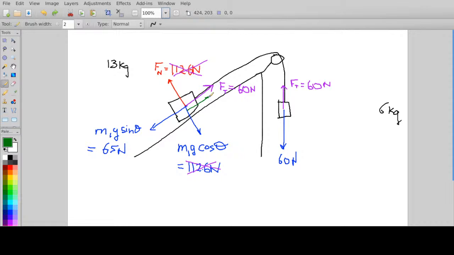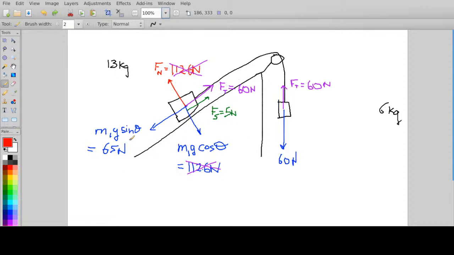Where's that 5 newtons uphill going to come from? That's the static friction. So over here you have the force of static friction uphill, and how big does it have to be? It has to be 5 newtons. Why? Using a different color here, you now have 60 plus 5 uphill and 65 downhill. They cancel.